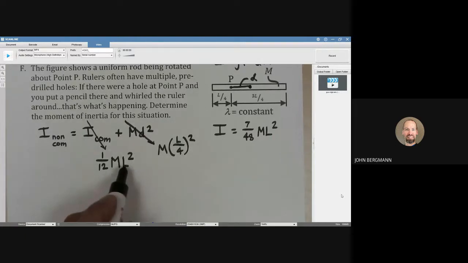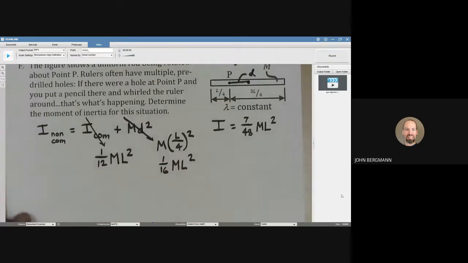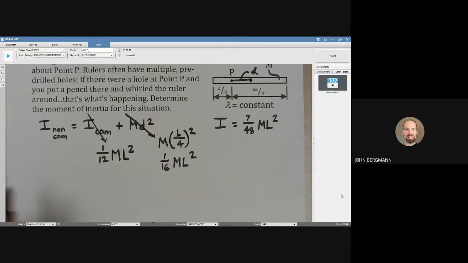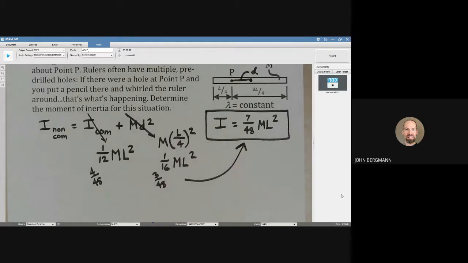This is 1/12 ml squared, and this is 1/16 ml squared. What's the common denominator? I think it's 48. So this would be 4/48, and this would be 3/48. Look at that, 7/48 right there, just like what we got last time.